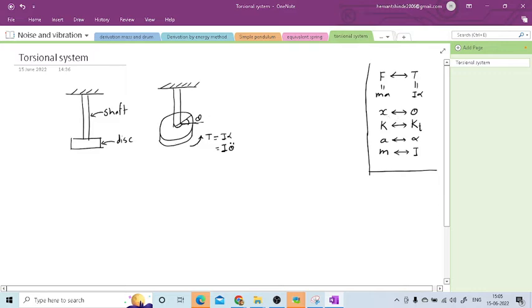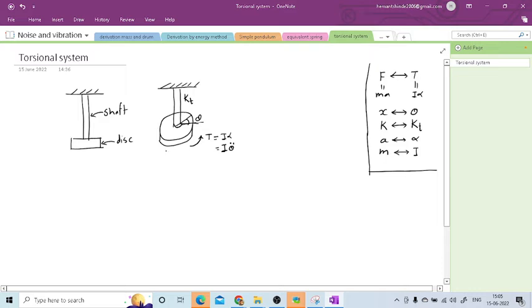So here I have applied the torque, and because of this torque there is angular displacement, and this displacement is nothing but theta. Now this shaft will act as a spring, so its stiffness is k or kt. Normally in books it is represented by kt, that is the stiffness of this shaft.